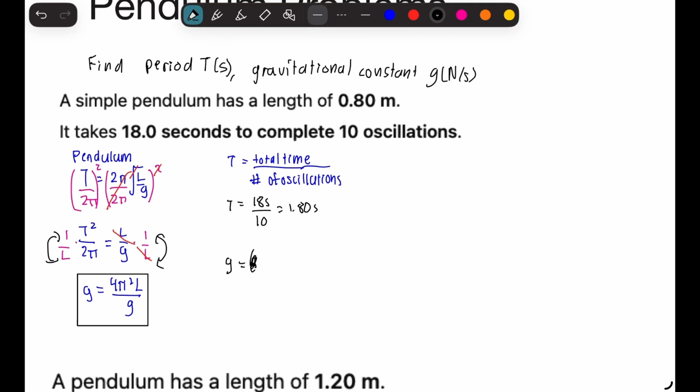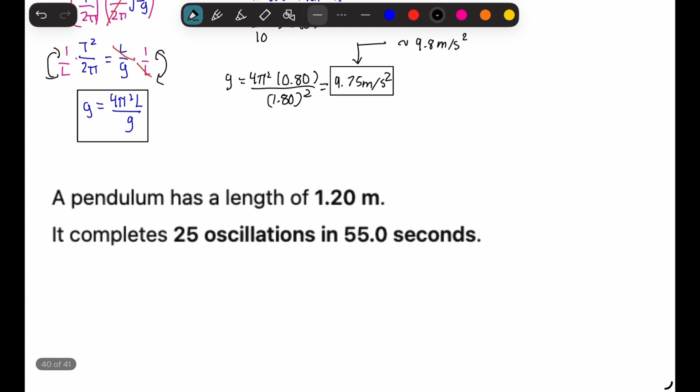Your length is 0.80 meters. And that is the answer you would get from plugging into a calculator, 9.75 meters per second squared. This is close to the gravitational constant, 9.8 meters per second squared. So that's how you know you did it right, it's close by.